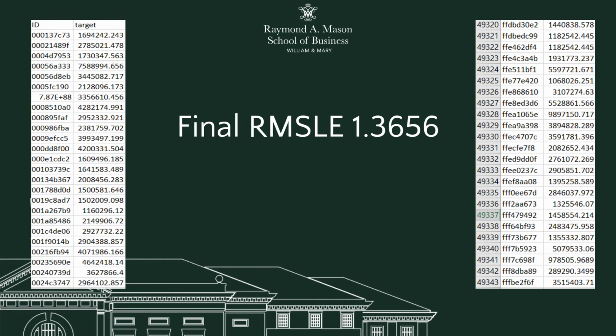As you can see here, our final RMSLE is 1.365. That's an improvement on the first and second notebook that we analyzed. It's in the correct format, as I mentioned, and we have the correct length in terms of how many predictions we wanted to make.